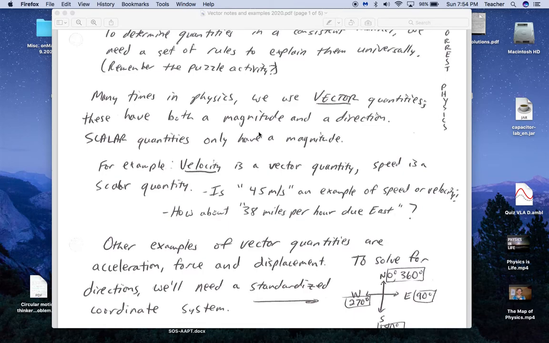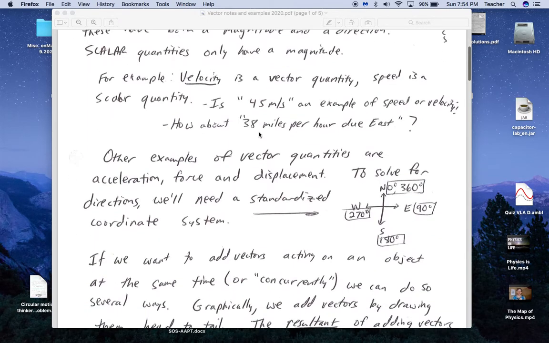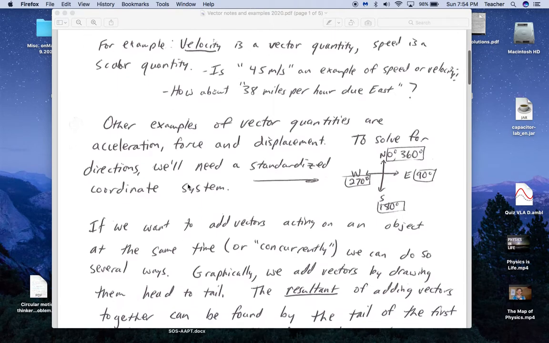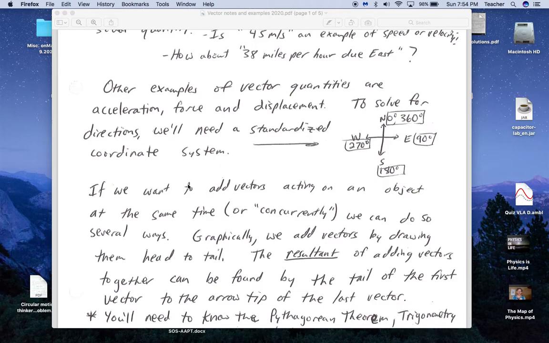But if I said something like 38 miles per hour due east, that has a magnitude, which is the 38 miles per hour, the amount of speed, and the direction was due east. So this would be a vector. Other examples of vector quantities include things like acceleration and force and displacement. We'll use velocity. I said there'll be some other things with momentum later in the year.